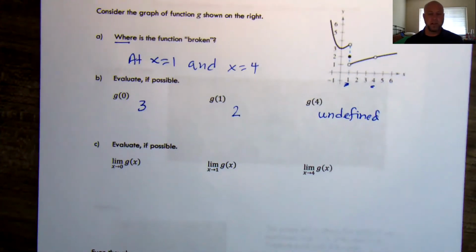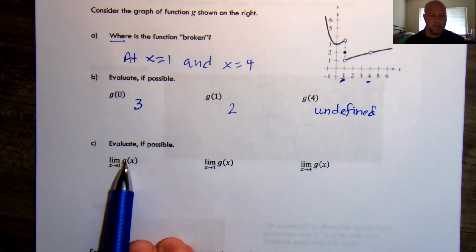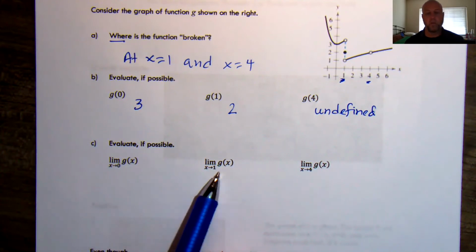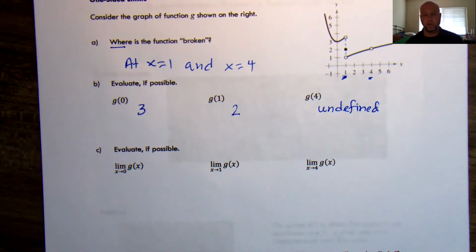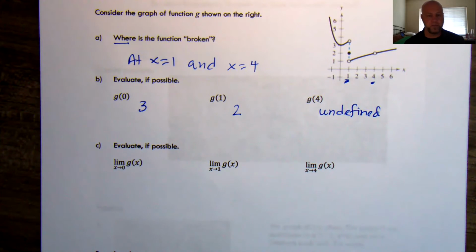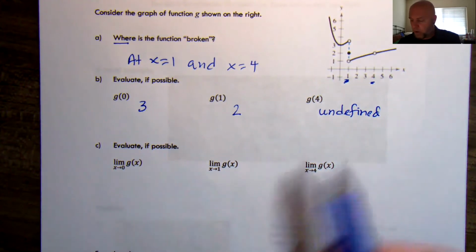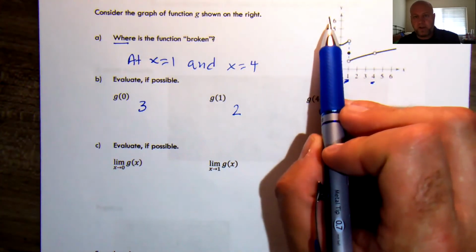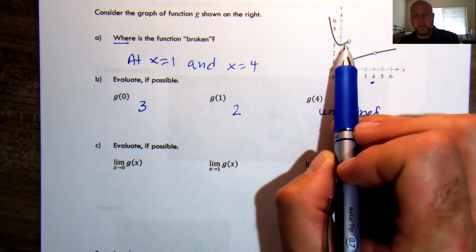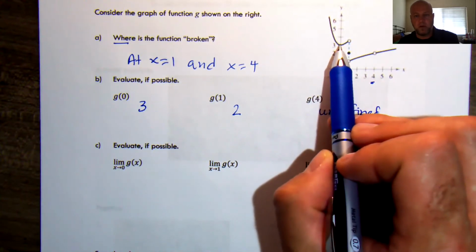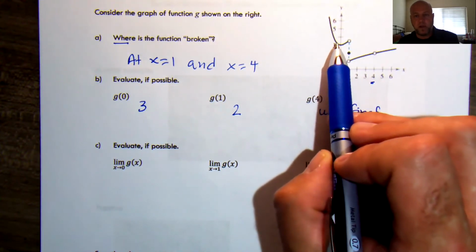Now, when it comes to the limit, at each of those same input values, 0 and 1 and 4, we need to approach from both sides and then state the output value that the graph is getting closer to. Now notice for 0, on this left branch of the graph, it swoops down like this, and as we approach 0, it's coming towards 3.